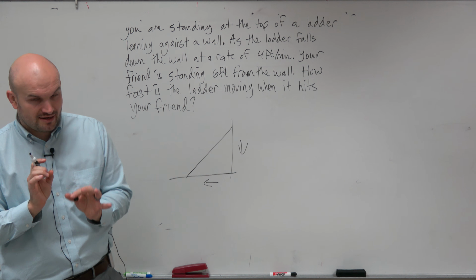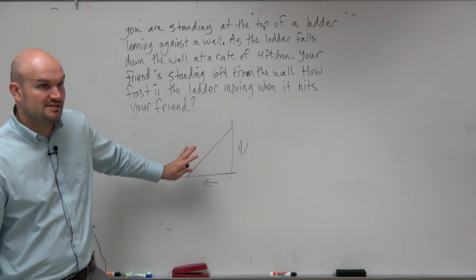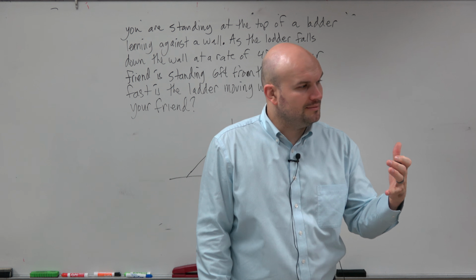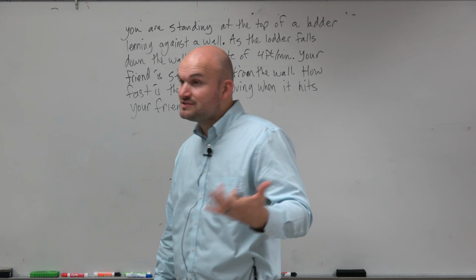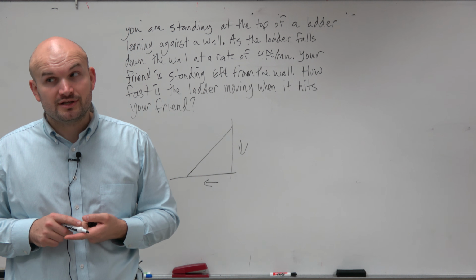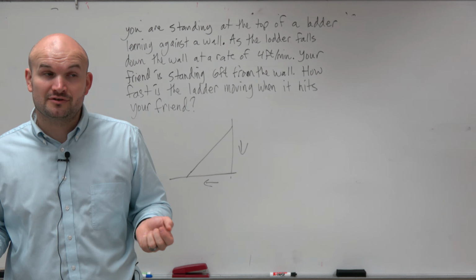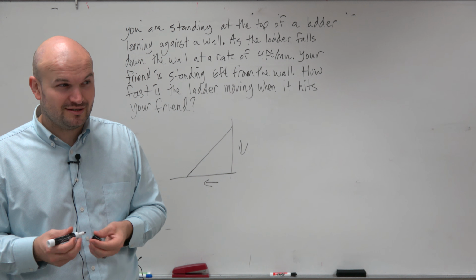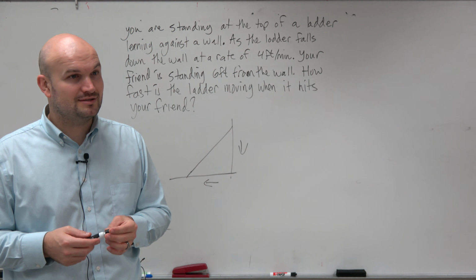Now the other thing that's important is that we see this is a triangle. Whenever we see a triangle, we want to make sure we have certain characteristics, because in pre-calculus and geometry there was a really special type of triangle that allowed us to do a lot of different things. Does anybody know what that type of special triangle is? A right triangle.